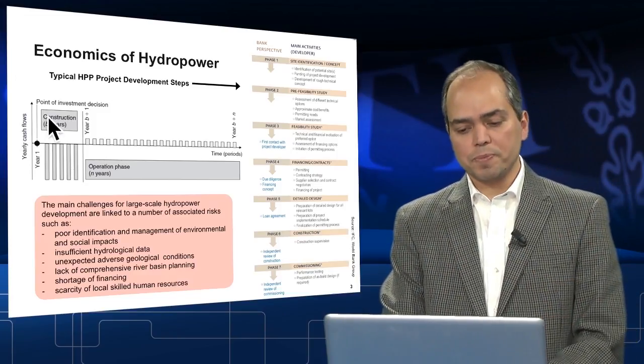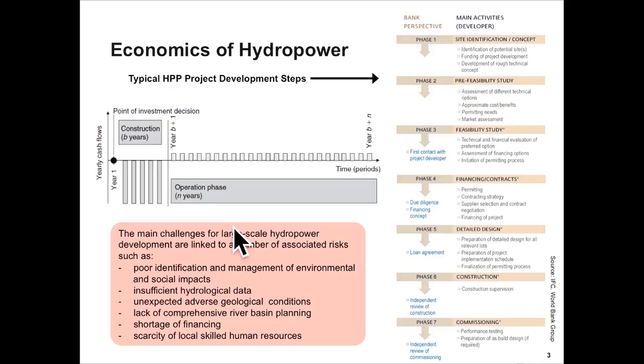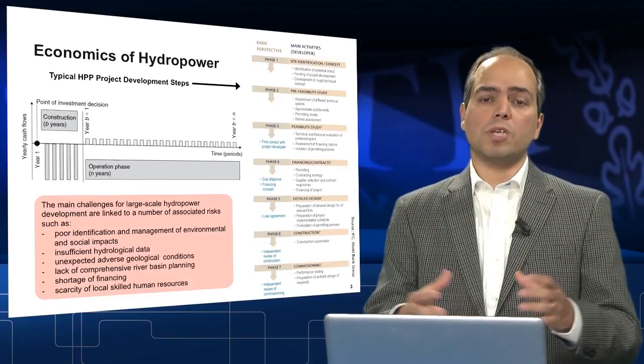And the main challenges for large scale projects, because they involve a huge stake, the money involved is a lot, the impacts could be large, as we will see. So there are some challenges such as the poor identification and management of the environmental and social impacts, or a poor selection of a site because of insufficient hydrological data, or maybe unexpected adverse geological conditions when a dam is built, because the dam construction involves a huge amount of civil work.